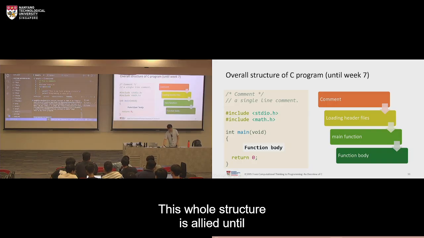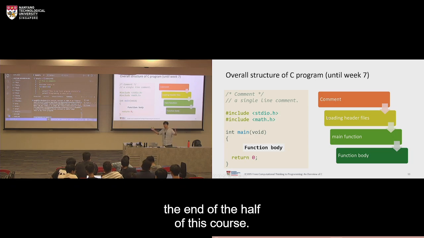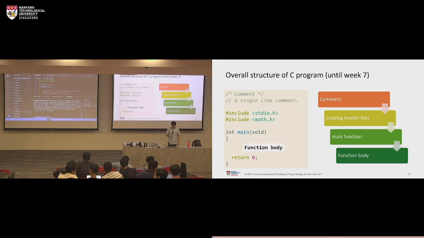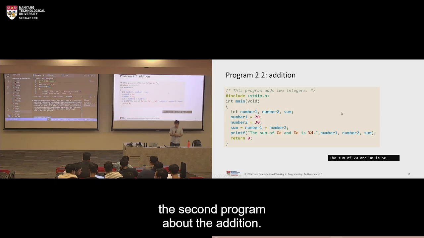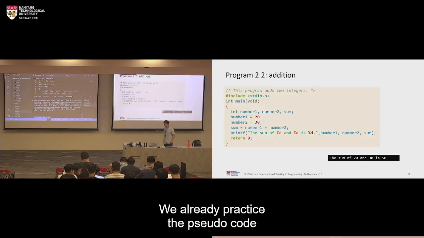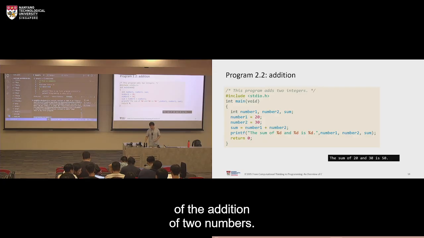This whole structure is valid until the end of the first half of this course. Okay, then let's move on to the second program about addition. We already practiced the pseudocode of the addition of two numbers.